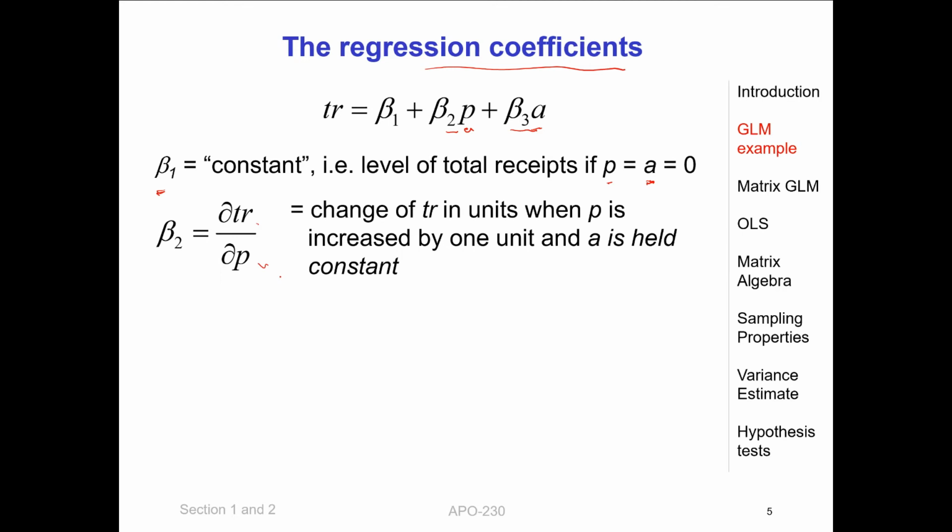But remember always, when we talk about partial derivative, it means we hold all other factors constant. Here it is only A, because we have 2 explanatory variables. A is held constant. That is the term ceteris paribus, right? The famous CP.